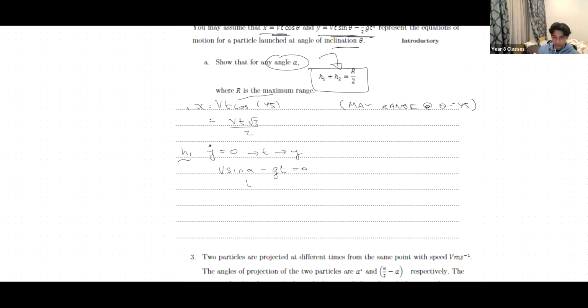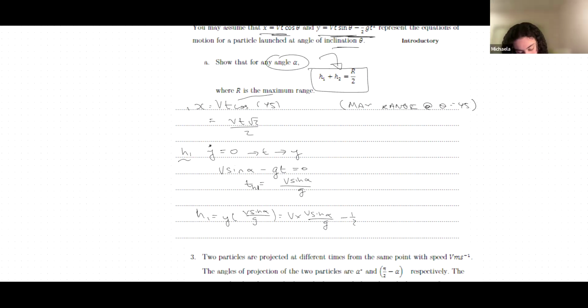So you found time, we haven't found height yet. So H1 equals V times V sine A on g, minus half g times V sine A on g all squared. And then just simplify.